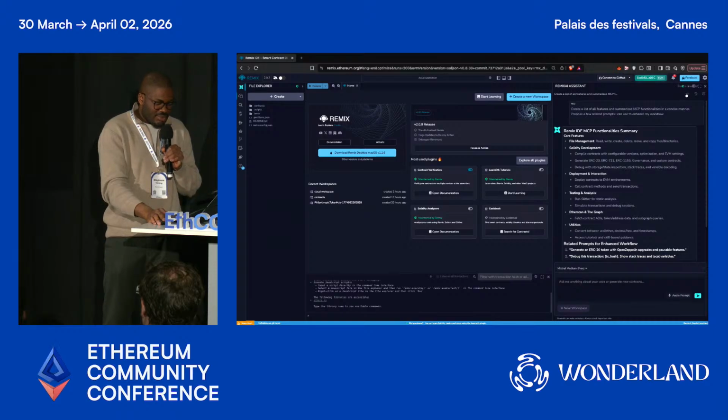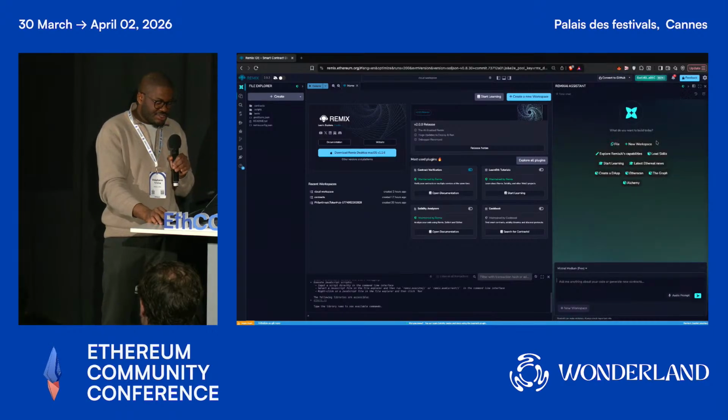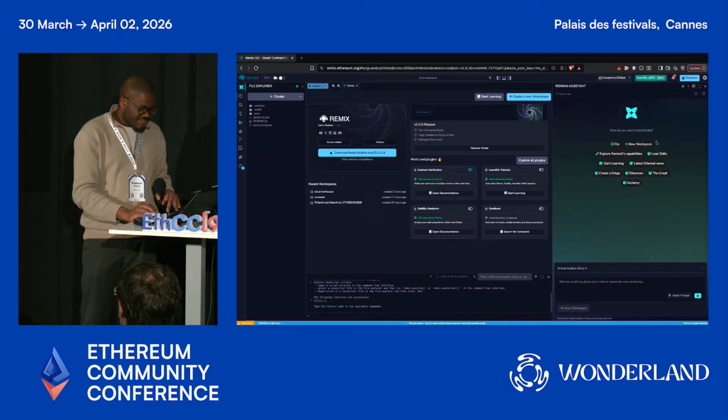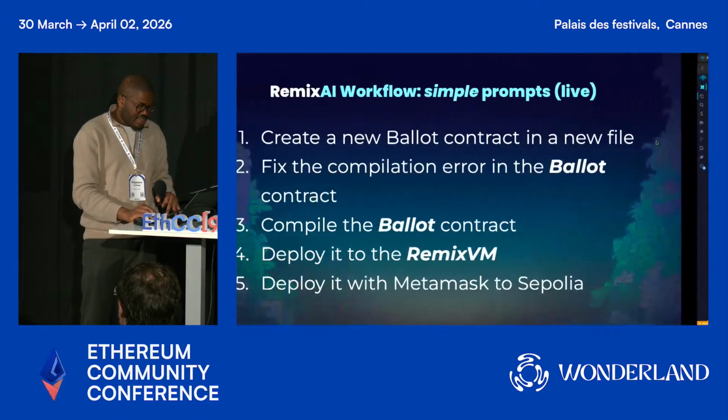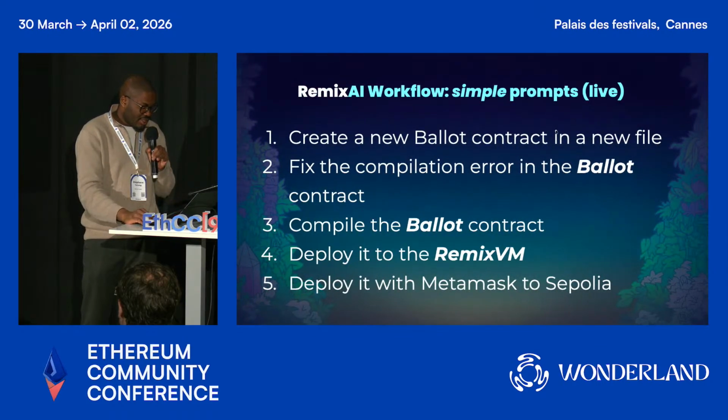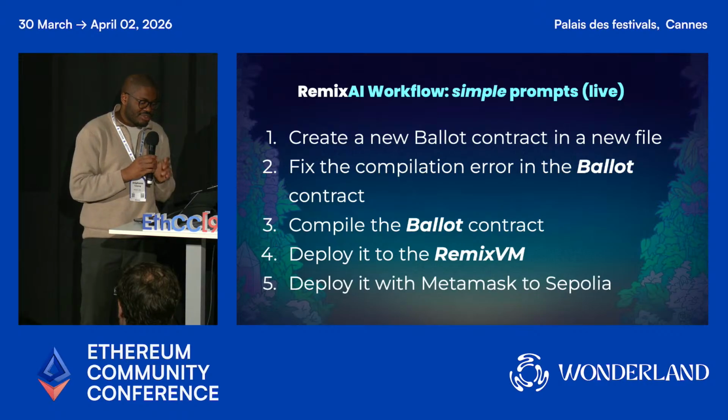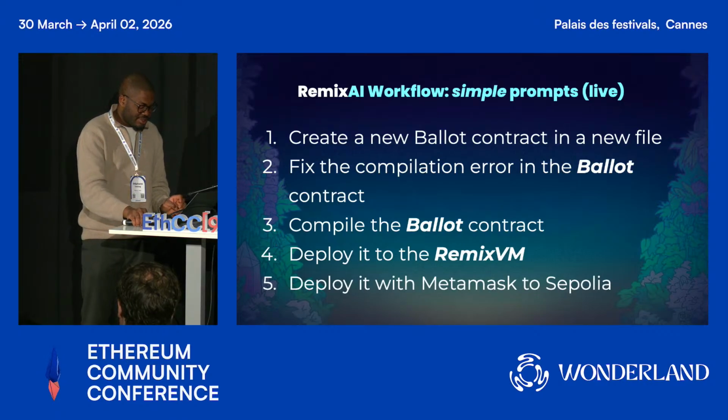So I will start by starting a fresh chat session. And then I will just type it, okay, create a new ballot contract in a new file.